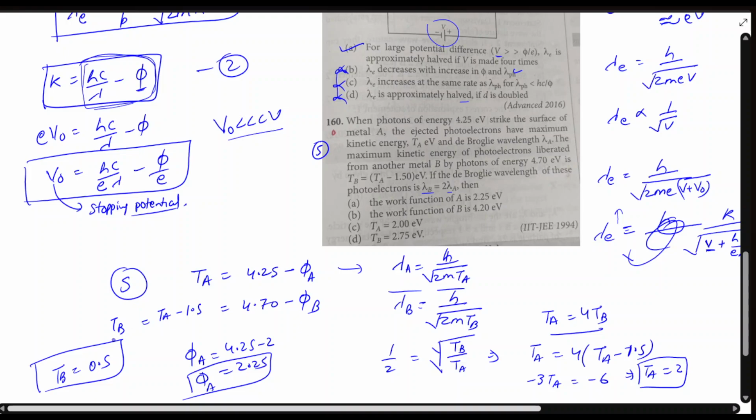Okay, and you put those values here. So 0.5 minus 4.7. So phi B will come out to be 4.2. So phi A is correct, phi B is correct, TA is correct, and D is not correct. Okay, so quite easy again. Let's move on to question number 6.